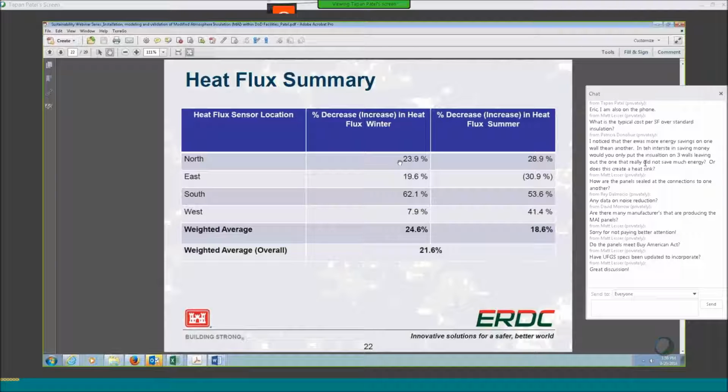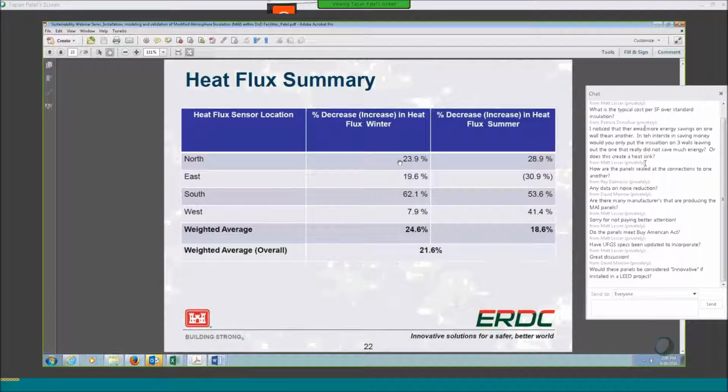So VIPs and these MAIs can really help solve a problem even though they are more expensive. That's an excellent point, I forgot to mention that. When you have constrained spaces or distances and you can't put in traditional fiberglass, this would certainly help. So, good point.